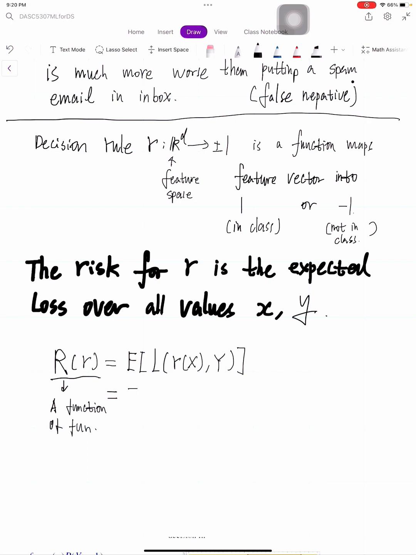So if x, y are both discrete, this is a summation over x. You multiply p(x), and then you multiply p(y given x), with y equals 1, plus y equals negative 1.